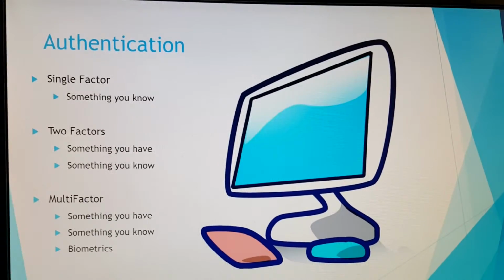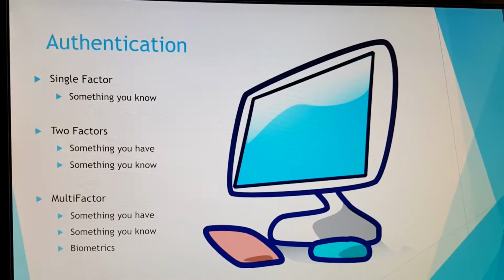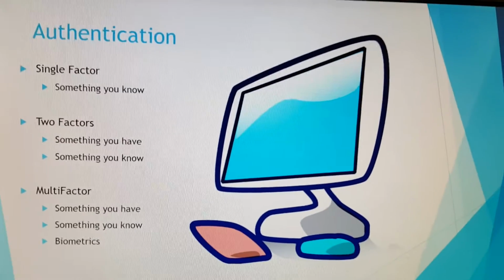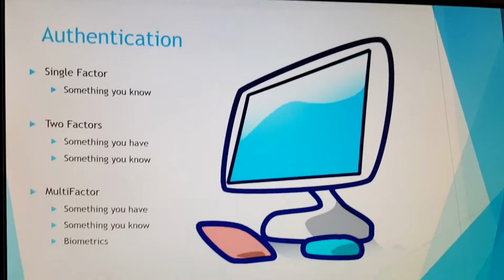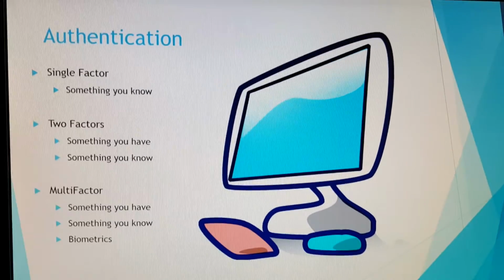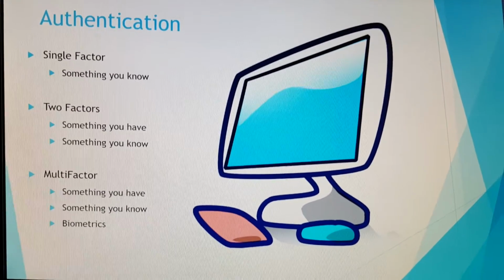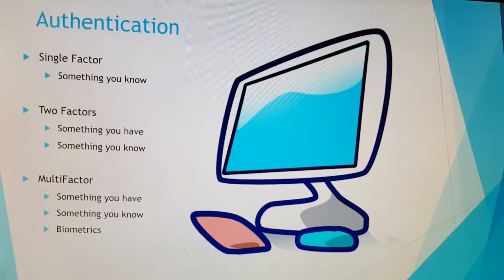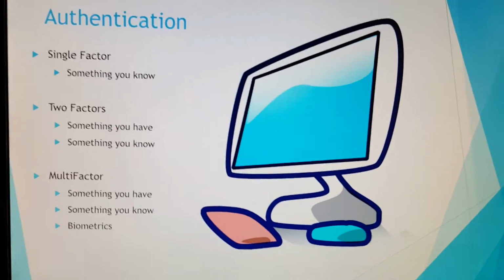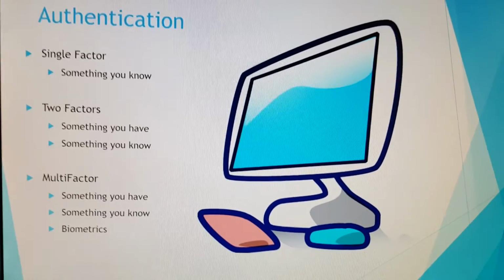Two-factor is your username is connected to either something you have, like an OTP key, and combined with something you know, like a password. My personal favorite is the multi-factor.